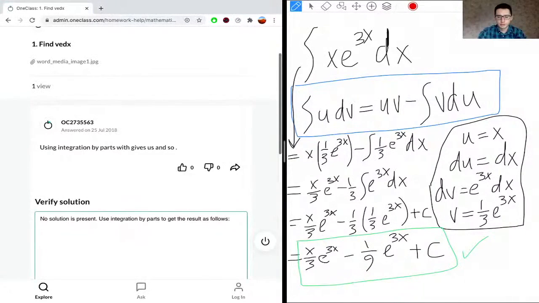We get 1/3 x times e to the 3x minus 1/9 e to the 3x plus c.